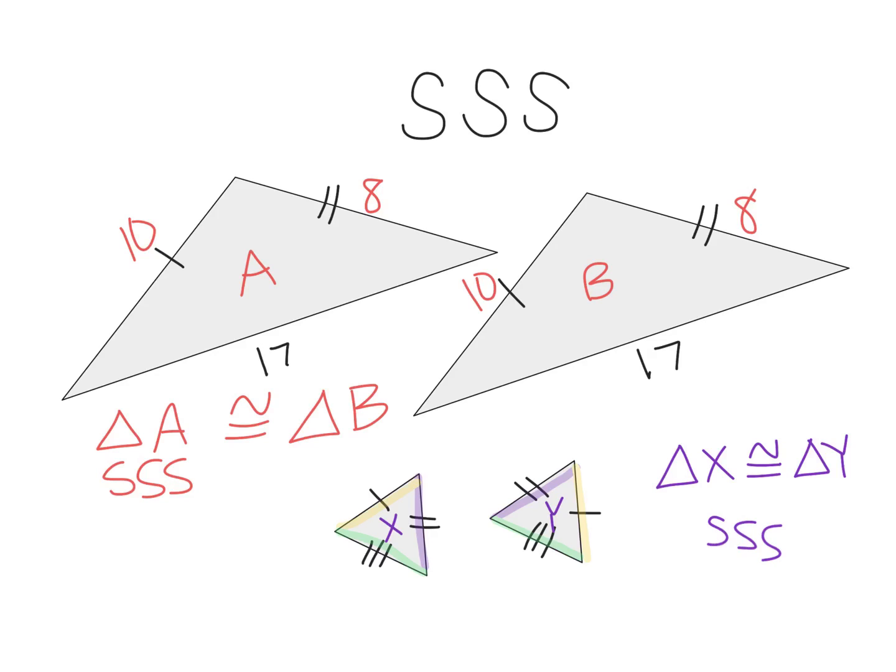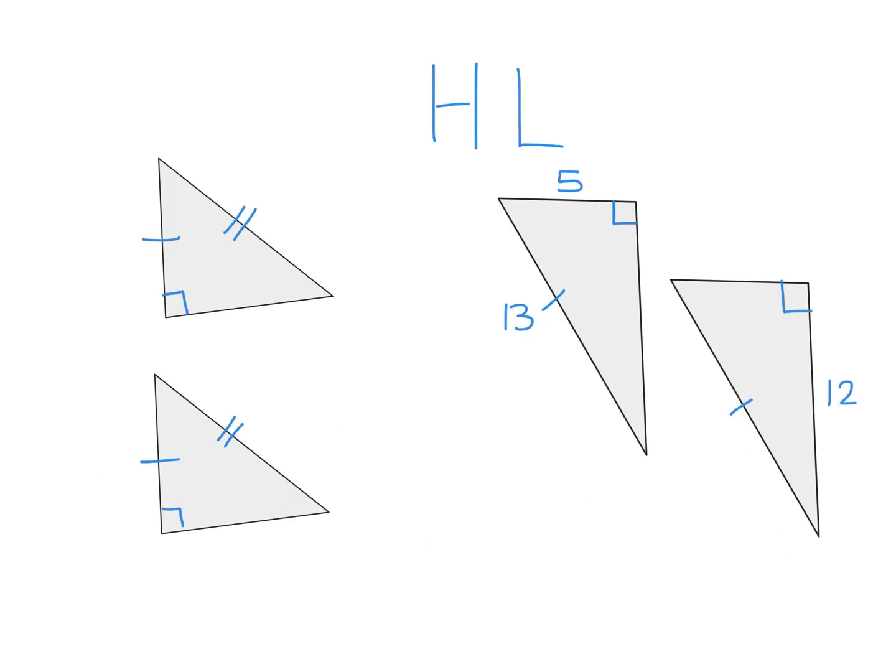Okay, now let's look at an example with the hypotenuse leg. With hypotenuse leg, when I'm looking at triangles, I have to have a congruent hypotenuse and a congruent leg, okay? Let's look at the triangles I'm going to label A and B. When I look at A and B, I don't see any numerical values in the picture.